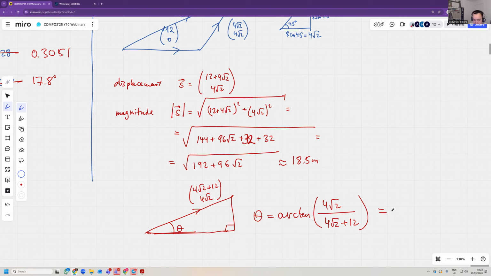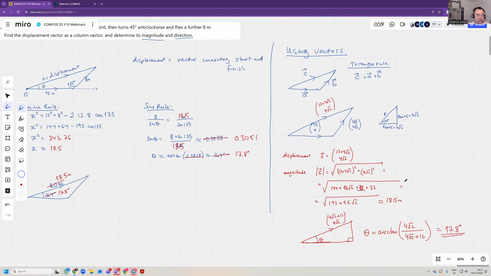And if you calculate the arctan of that fraction, 4 root 2 over 4 root 2 plus 12, it's 17.8 degrees. Ta-da! It's the same result, obviously.